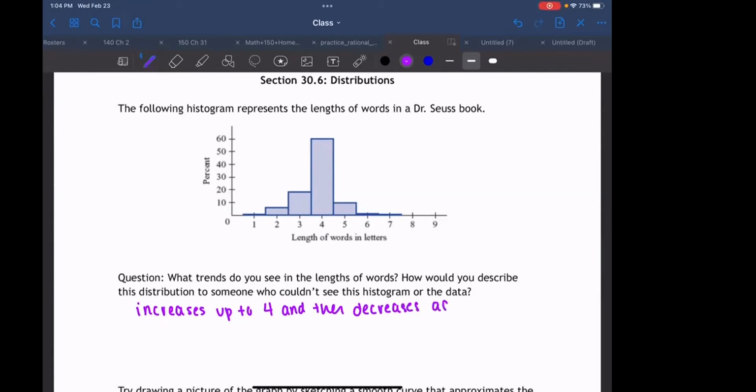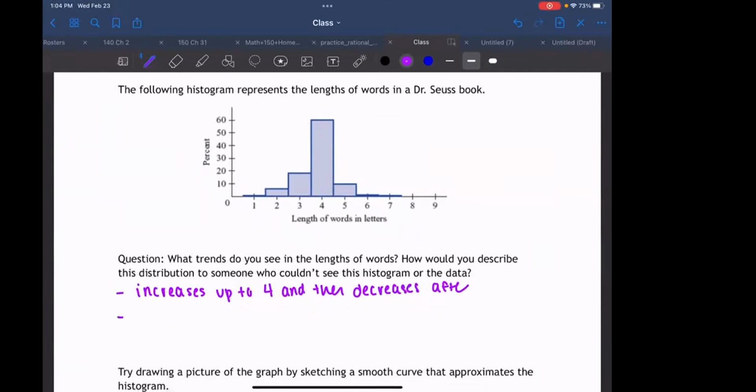So at first it increases up to 4 and hits a peak and then it decreases after, right? Any other ways we can describe it? Is there more information on the left-hand side or more information on the right-hand side? On the left, right? So let me just write that down, okay? So maybe there's more info on the left, okay? And anyone else want to describe it?